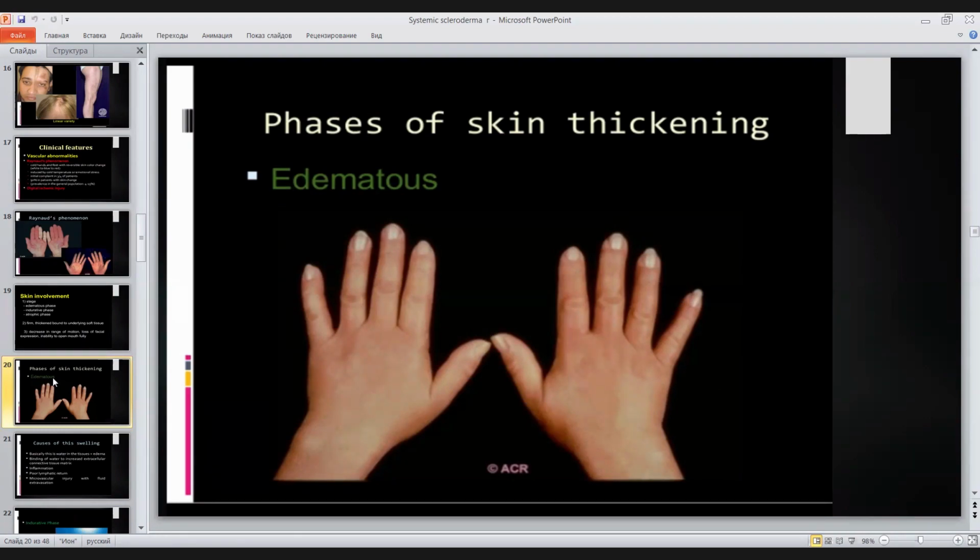But students, how should we differentiate edema, due to what is this edema? The edema might be due to different reasons, due to different diseases. For example, if there is edema due to a kidney problem, mainly you notice that edema starts from the face, around the eyes, and there will also be edema of the lower extremities.